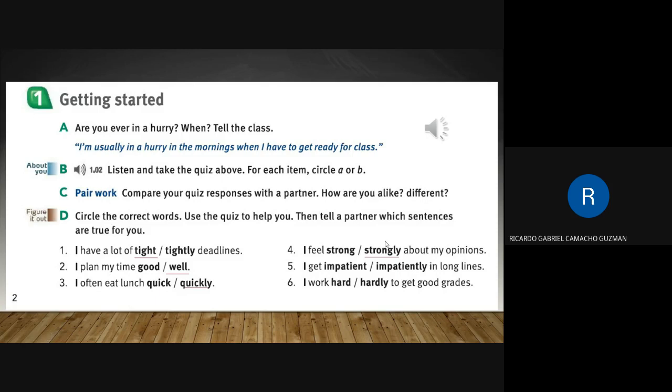When you say I feel strongly about my opinions, that means this is the way in which you feel about your opinions, what you want to say. But also you can say I feel strong. In this case, when you're using I feel strong, it's only this phrase in order to say how you feel. I mean, you're describing yourself.